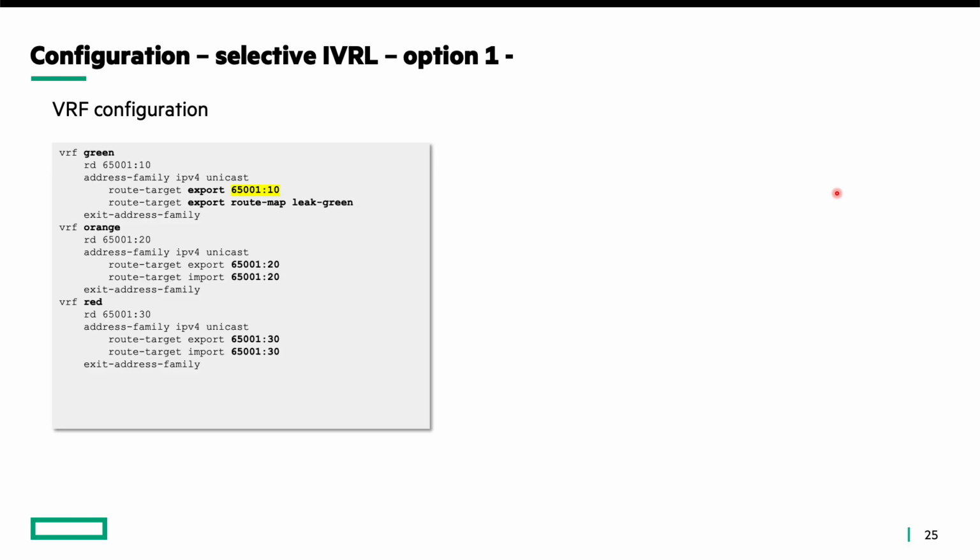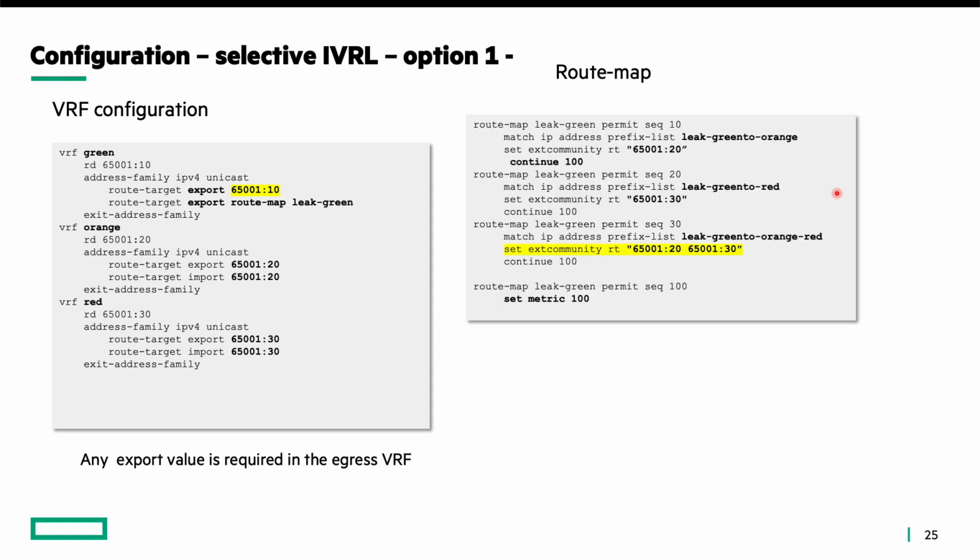Now regarding option 1 for the architecture of route targets. In option 1, we have one route target which identifies each egress VRF: 10, 20, 30. And if we want to redistribute these routes to both VRFs, we are leaking routes from the VRF green to orange and red.